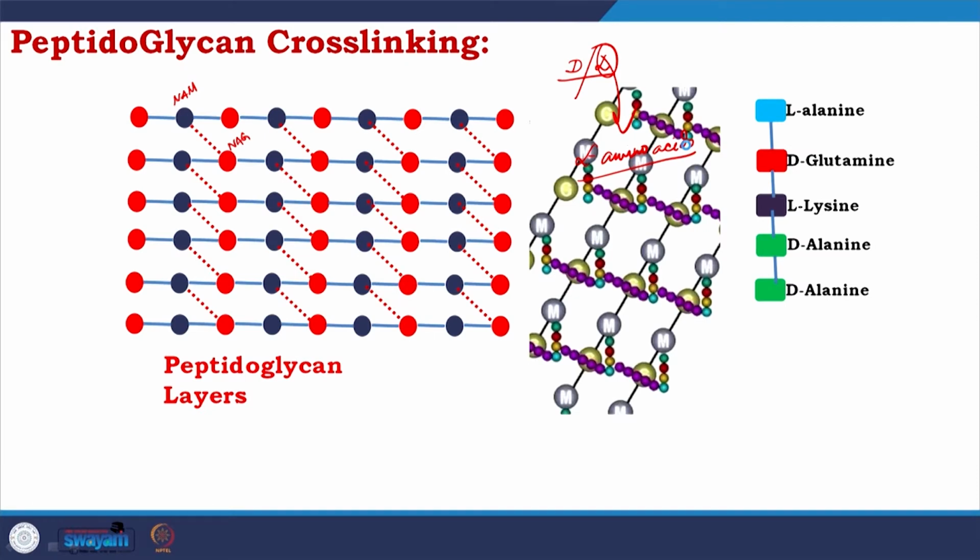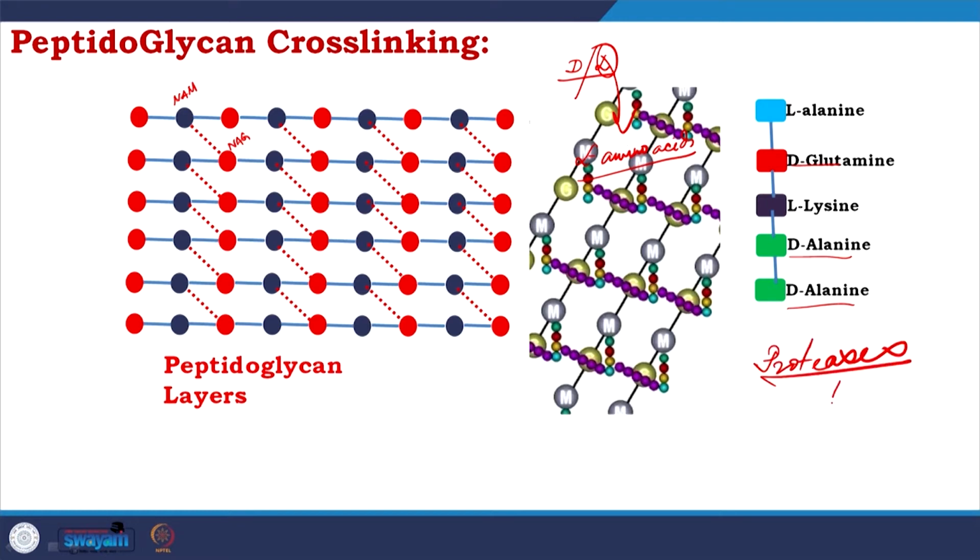So, what I want to tell here is, if commonly the amino acids are in L, then why here you see different or opposite chirality? This is because in the cell there are proteases.